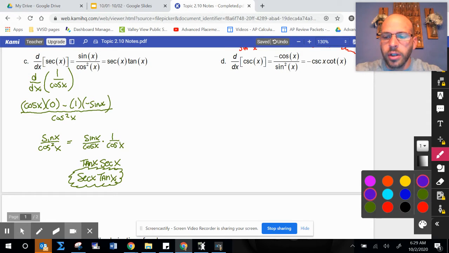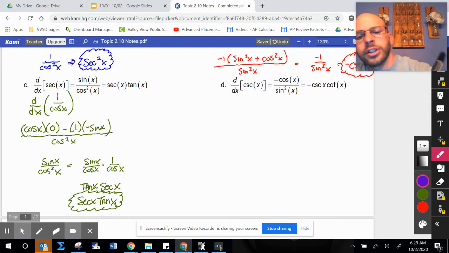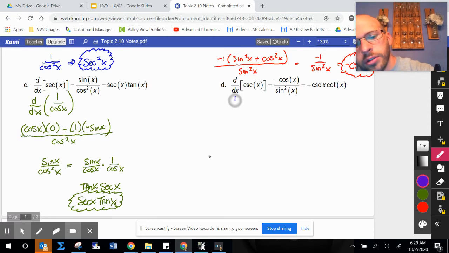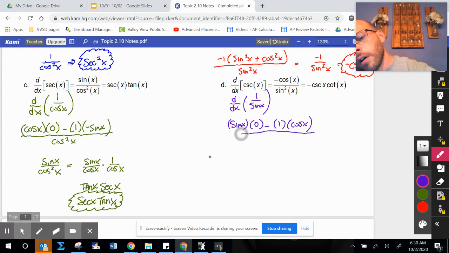Let's do one more. Again, feel free to pause it and do it on your own. We're going to do this very similarly. I'm going to take the derivative of cosecant, which is 1 over sine, using a quotient rule. So low times the derivative of the top, minus the top times the derivative of the bottom, which is just a cosine, all over the bottom squared.